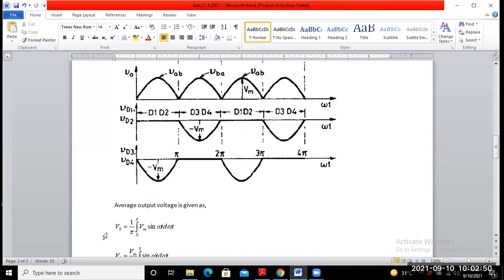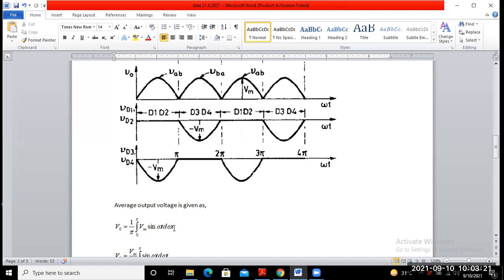Average output voltage, written as V here because we are going to find the average output voltage value, V0 equals 1 by time period, that means 1 by pi. The time period for this waveform is pi, and integration from 0 to pi of v(t) dt, where v(t) equals Vm sine omega t, d omega t.